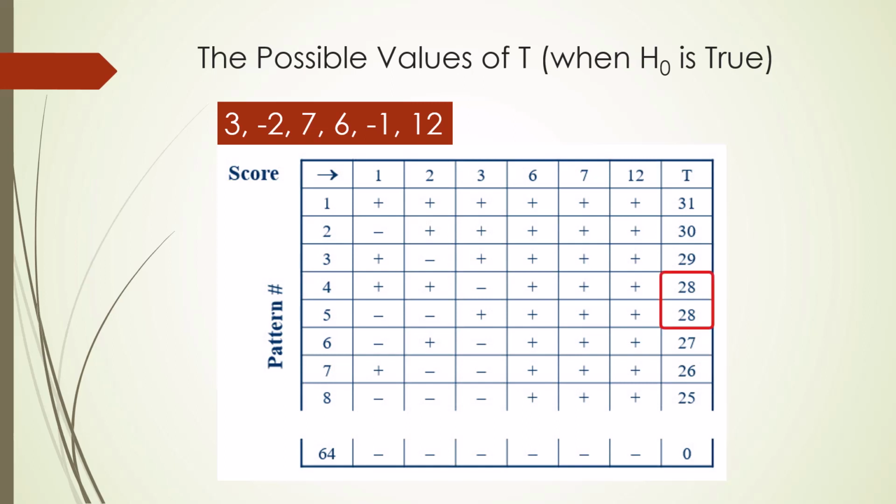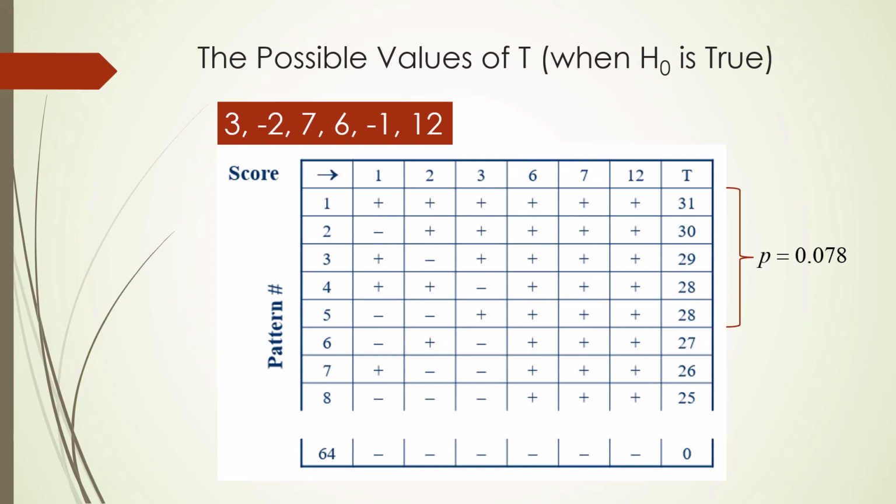If we want to calculate our p-statistic, we're going to take the 28 that we observed and every value that's even more incompatible with the null hypothesis, that is, higher values of T. Remembering that each of these sequences is equally likely if the null hypothesis is true, so that each sequence has a probability of 1 over 64 of being observed, we can look at the fact that we have 5 values that are 28 or greater, meaning that 5 over 64, or 0.078, is the value of our p-statistic.